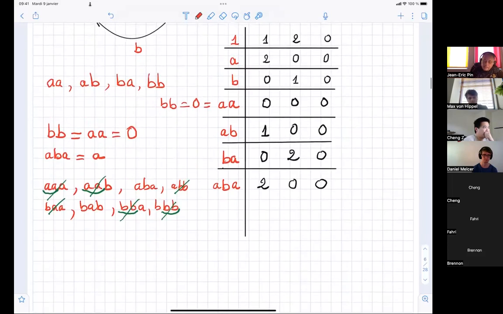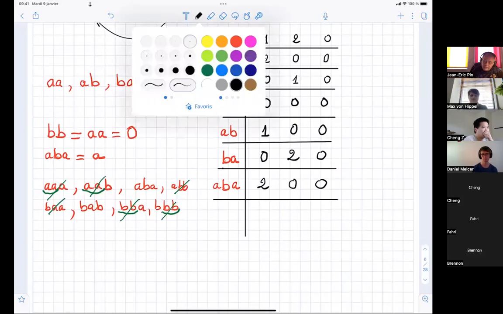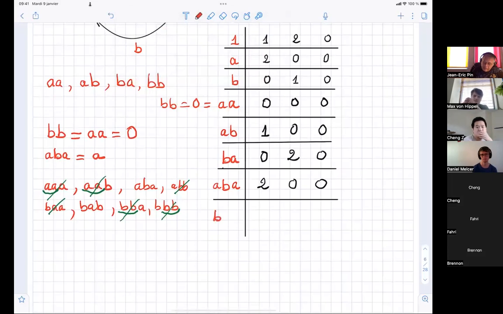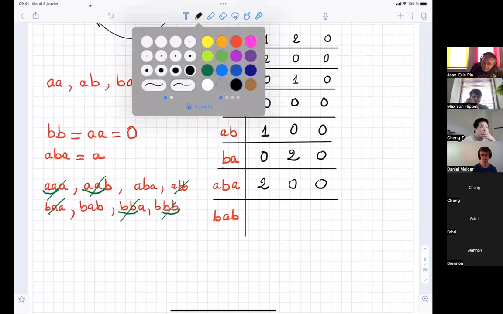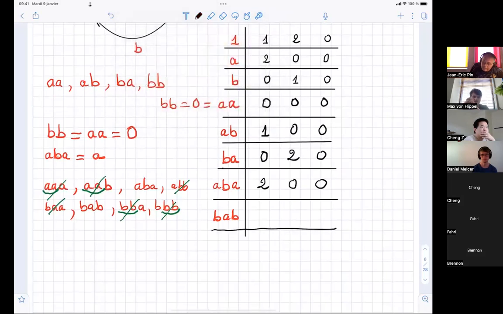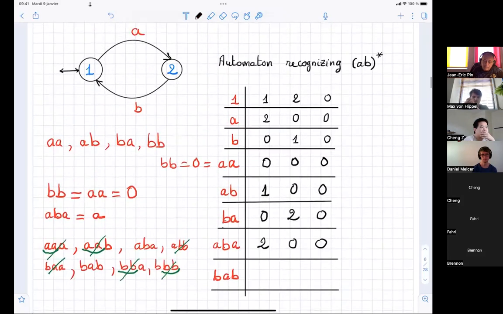And now I can do the same with BAB. BAB, if I start from 1, I arrive in 0.